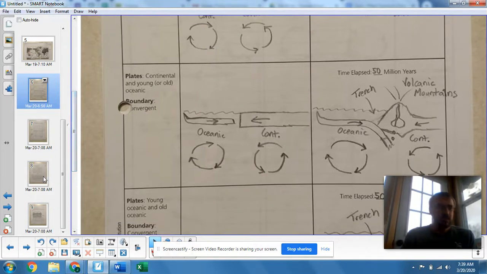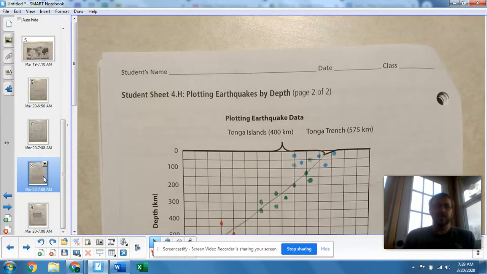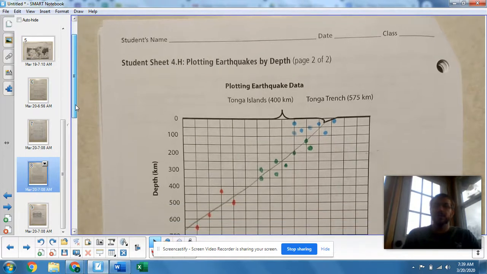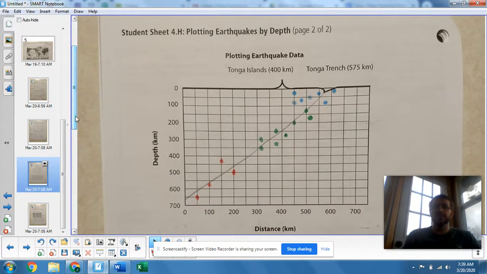And that was kind of the point of this worksheet here, where you plotted the depth and distance for all these earthquakes. It kind of wanted you to notice that there were some features on the surface. So we have a trench, we have the Tonga Islands, we have all these earthquakes below the surface, and I drew my line of best fit.